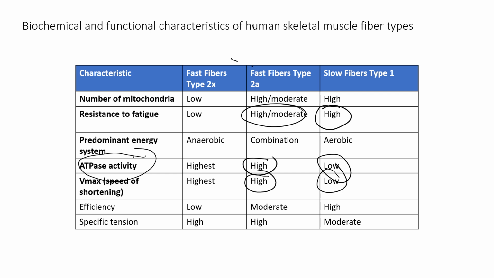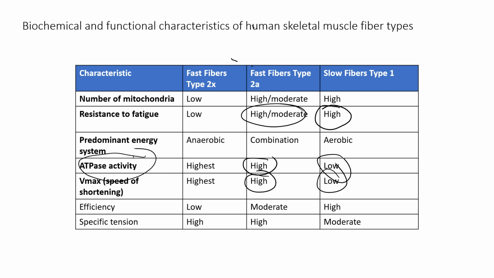And at their upper limits, meaning they're put into a state of tetanus, and also frequently being put into a state of tetanus, so being asked to contract very forcefully and very frequently, they can reach a point where their ATP demands are higher than their supply of ATP, and thus they can fatigue. But they are still considered relatively fatigue resistant because that situation doesn't happen all that often.